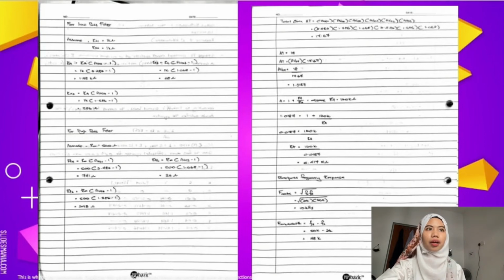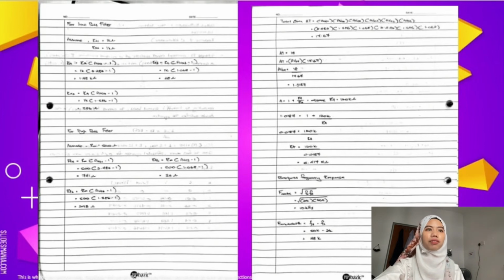We assume that RA1 and RA2 are equal to 1 kilo ohm. To find the value of RF1, RF2 and RF3, we use the formula RA multiplied by gain minus 1. For RF1 we get the answer 1.48 kilo ohm, RF2 586 ohm and RF3 68 ohm.